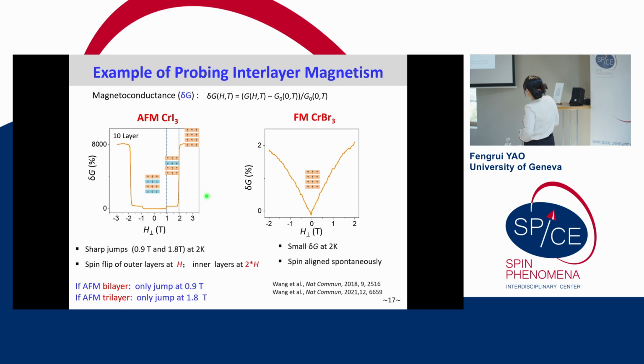And different from these antiferromagnetic states, previously for chrome bromide, we also measured its tunneling conductance. We see the tunneling conductance is very small with no jump, and the amplitude is relatively small as a function of magnetic field, since its spin is already aligned spontaneously at zero field.